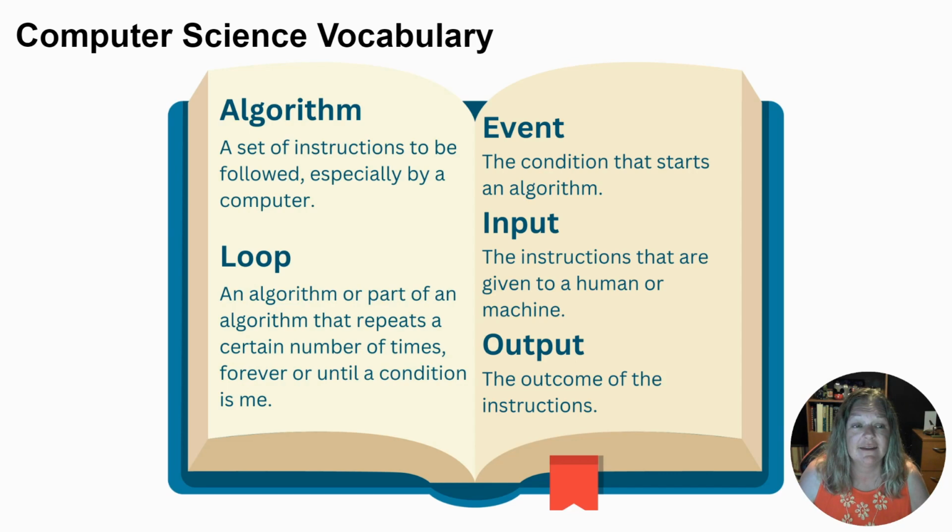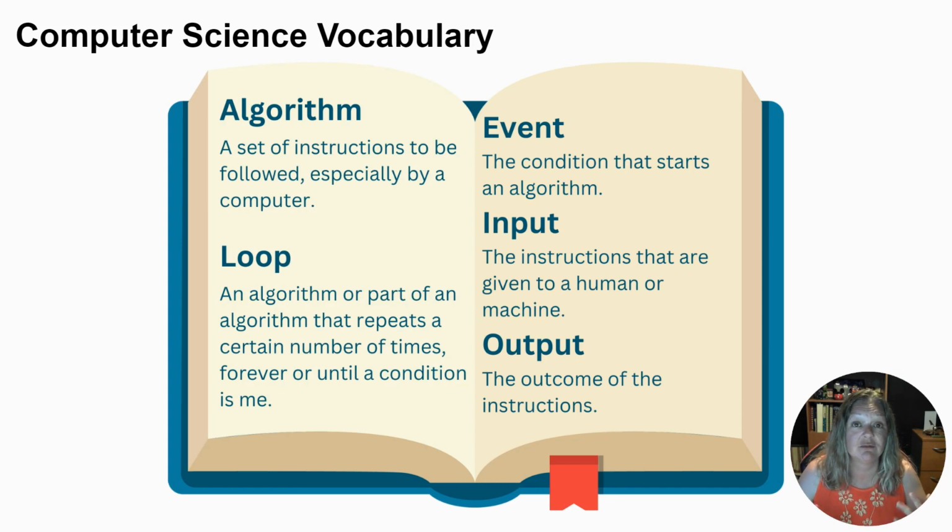So the event, that's what starts the algorithm. So we're going to do an activity where you're going to be my robots. I'm going to give you a language, and an event that's going to start the algorithm. The input, that's the algorithm. That's the instructions that I give you. And the output, that's what you are going to do when you get the instructions.